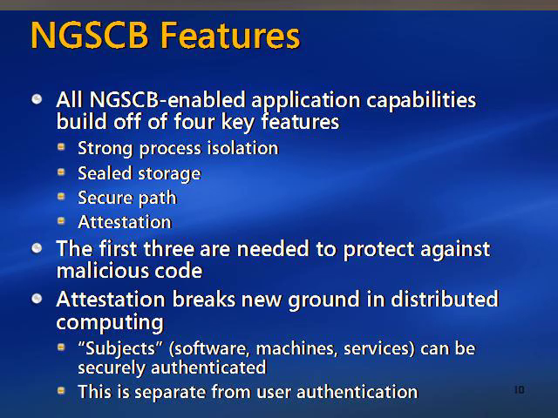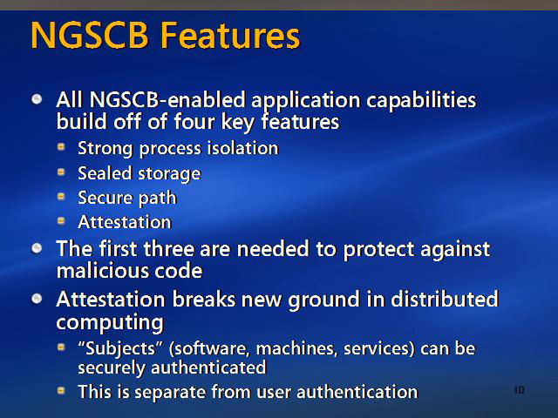So what we do provide, I've spent a lot of time talking about what the Nexus does not provide, but it does provide something. It provides a few things that you don't have today for writing applications. And those are strong process isolation, sealed storage, a secure path to and from the user, and attestation. We'll spend more time on each of these, but the big thing is what's attestation?